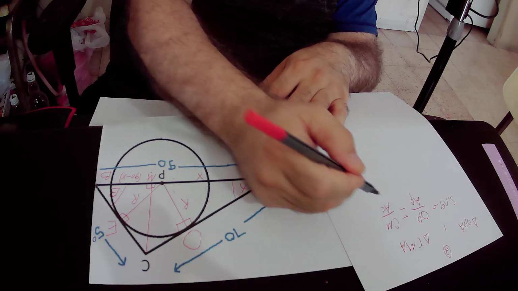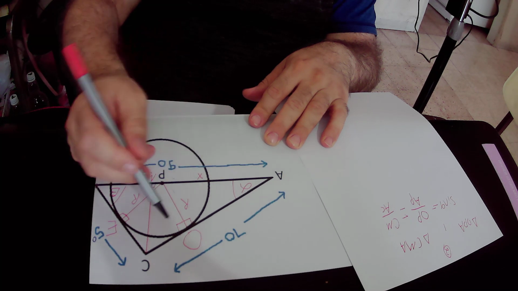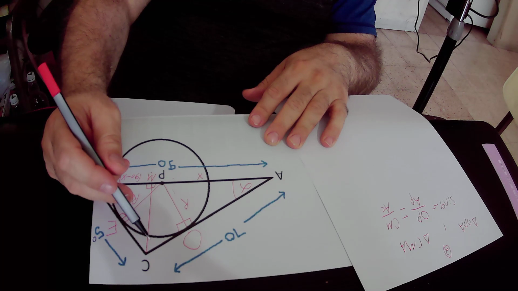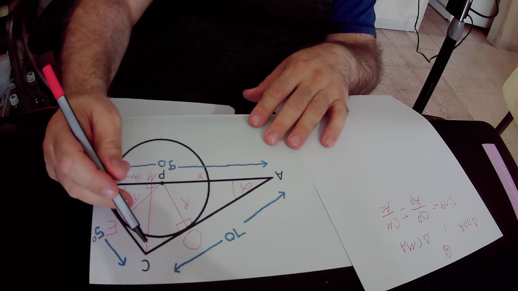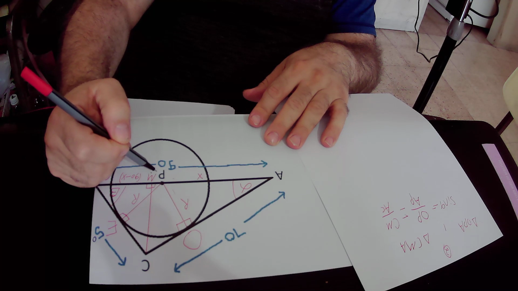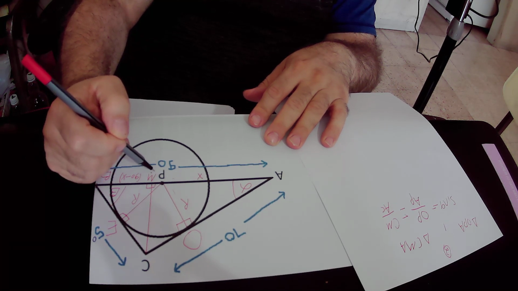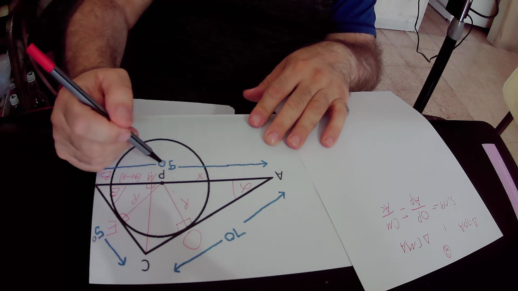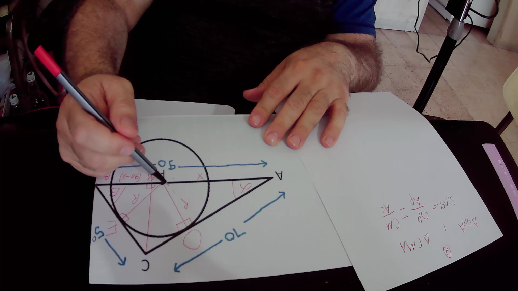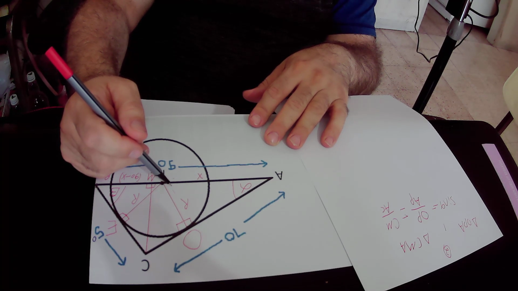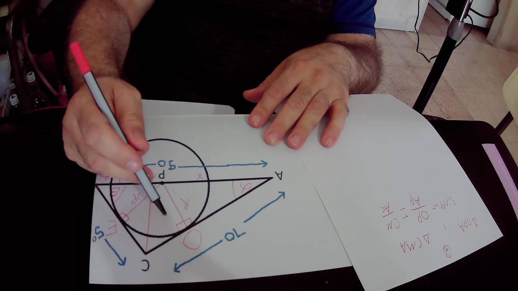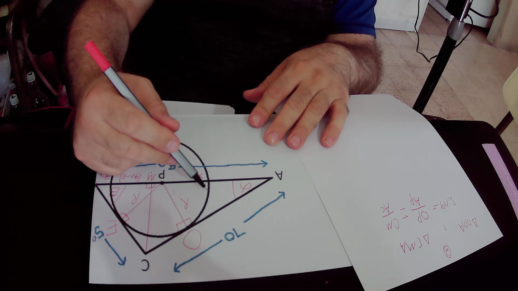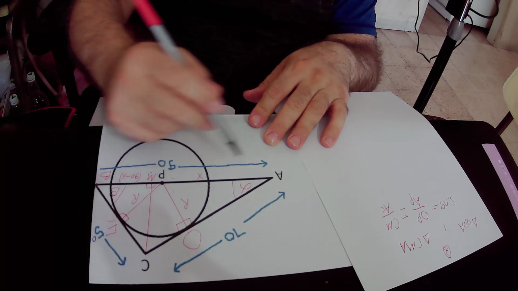I will explain why AC is the hypotenuse: side CM is perpendicular to side MA, so CM and AM are the perpendiculars of the right triangle, and the third side must be the hypotenuse.